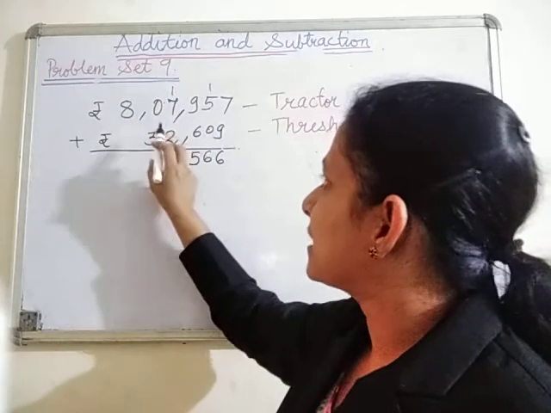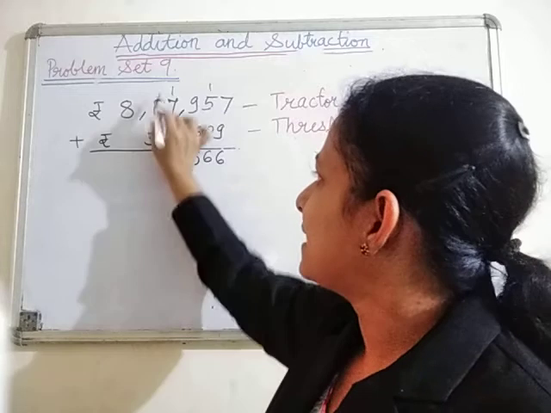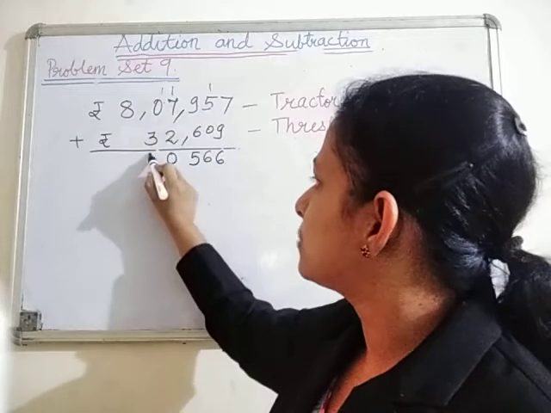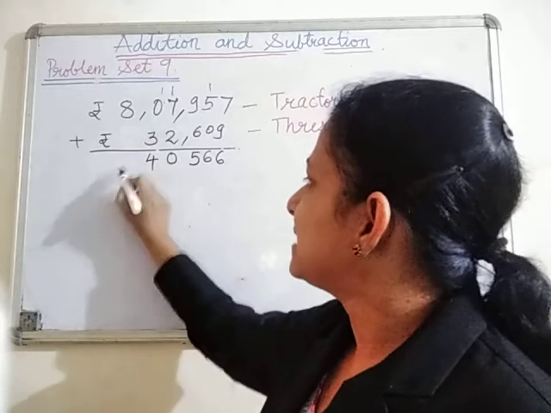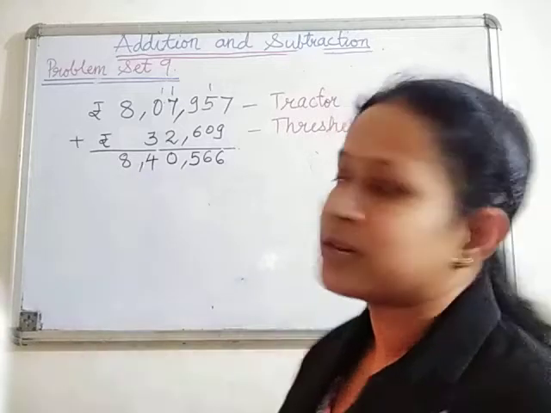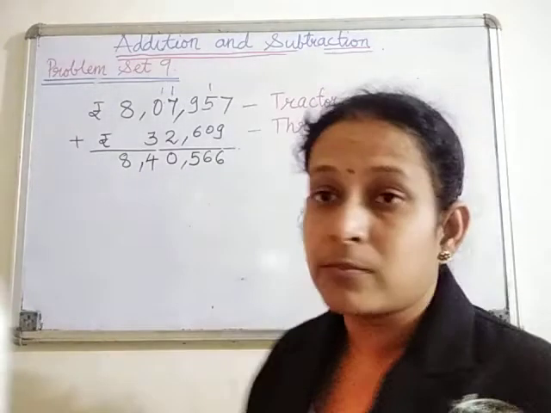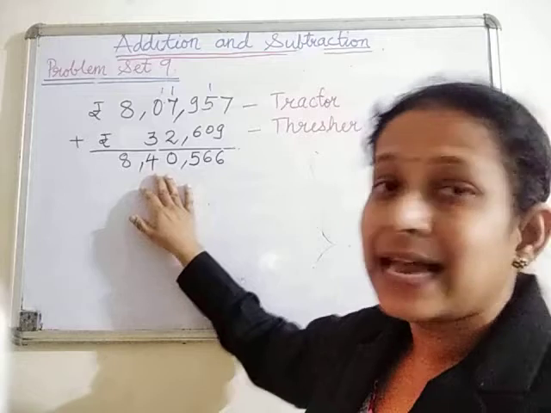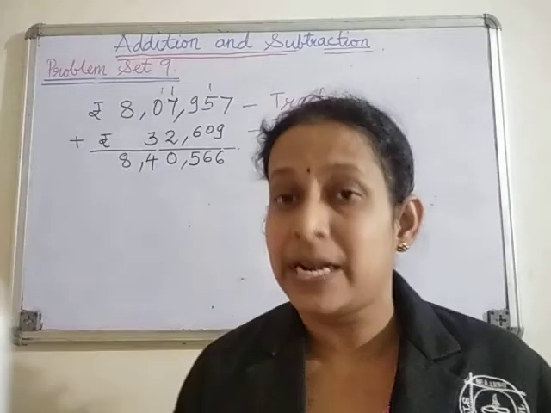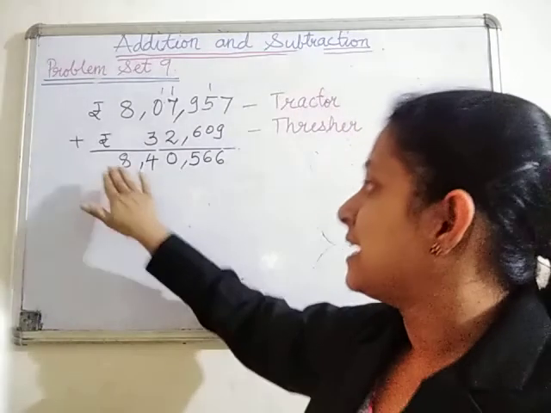So 7 plus 1 is 8, plus 2 becomes 10, carry 1. 3 plus 1 is equal to 4, and 8 here. Fine. Now you just have to put the commas as I mentioned in the previous lesson. So now the total amount that Surekha Tai spent on buying the tractor and thresher is rupees 8 lakh.